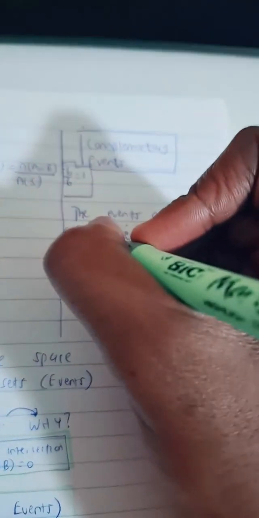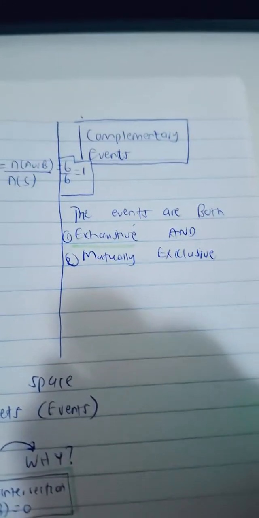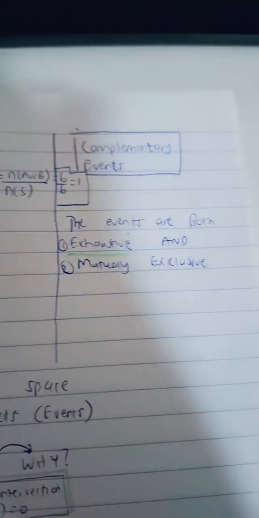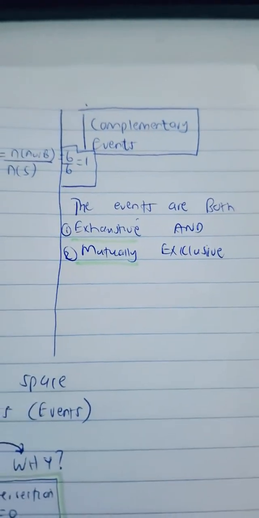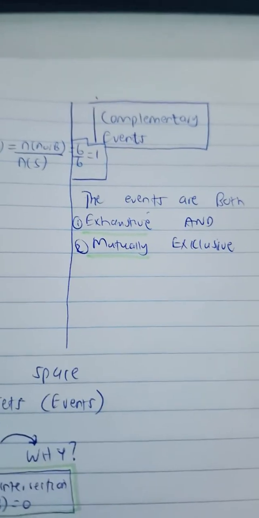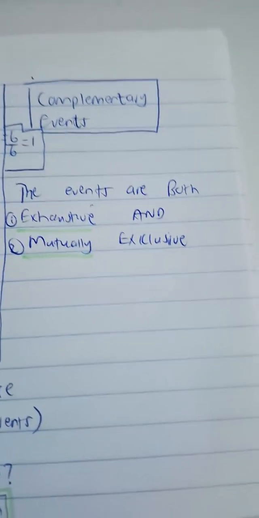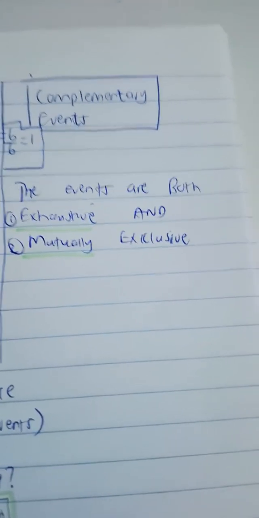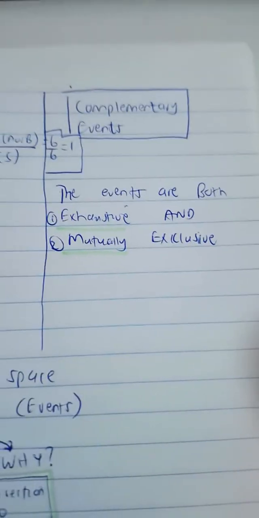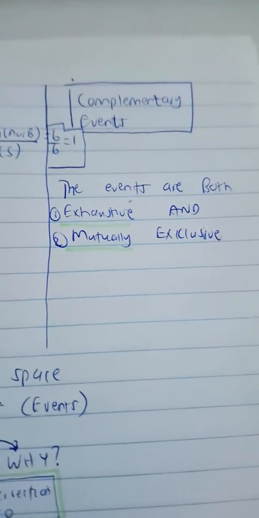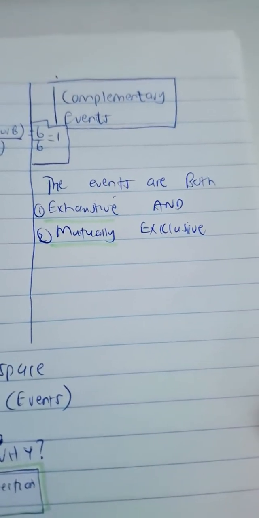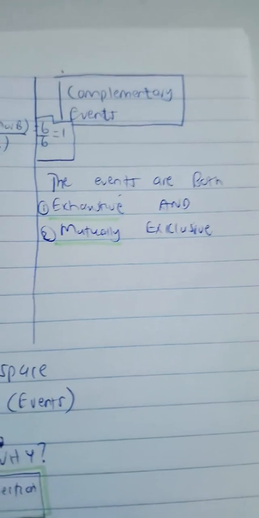So if this particular thing that we have has both mutually exclusive and exhaustive, then we say that the events are complementary. The events are complementary. Okay, the events are complementary.